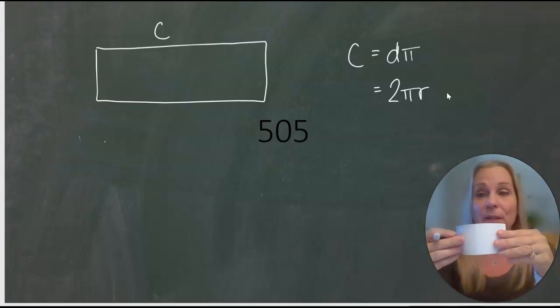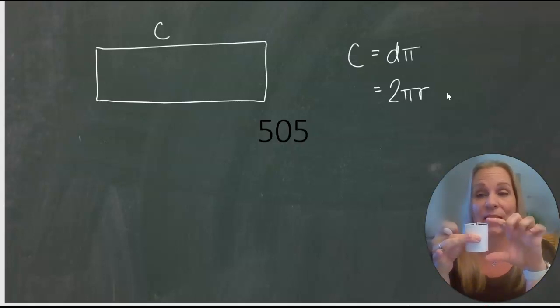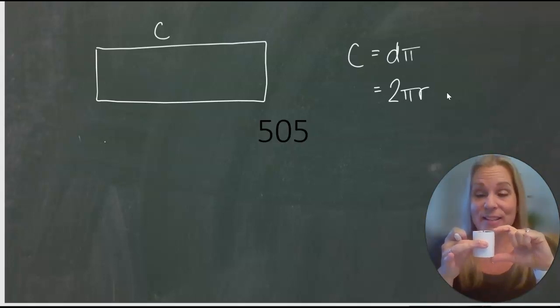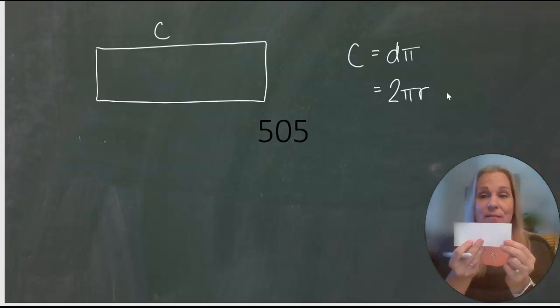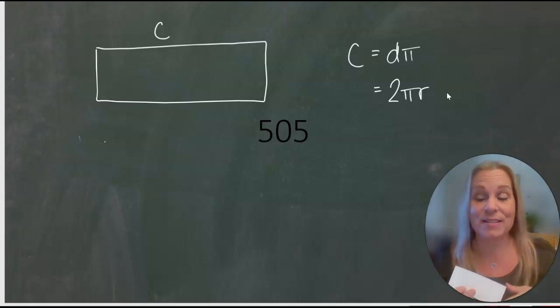Well, if I curl it up again, here's my cylinder, right? It's this measurement right here. It didn't change. It's still the same. And that measurement is the height of my cylinder, right? So when I unfurl this, this distance is the circumference of my circle. This distance is the height of my cylinder.